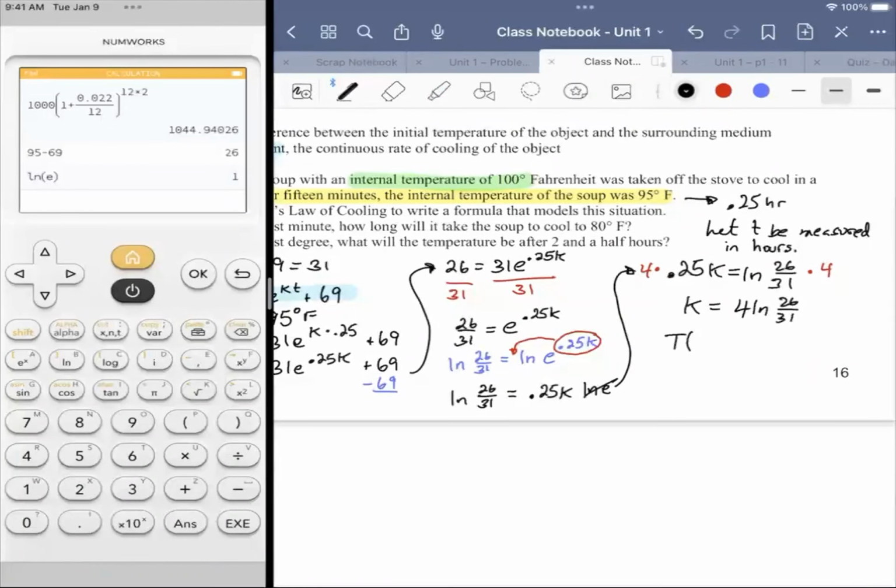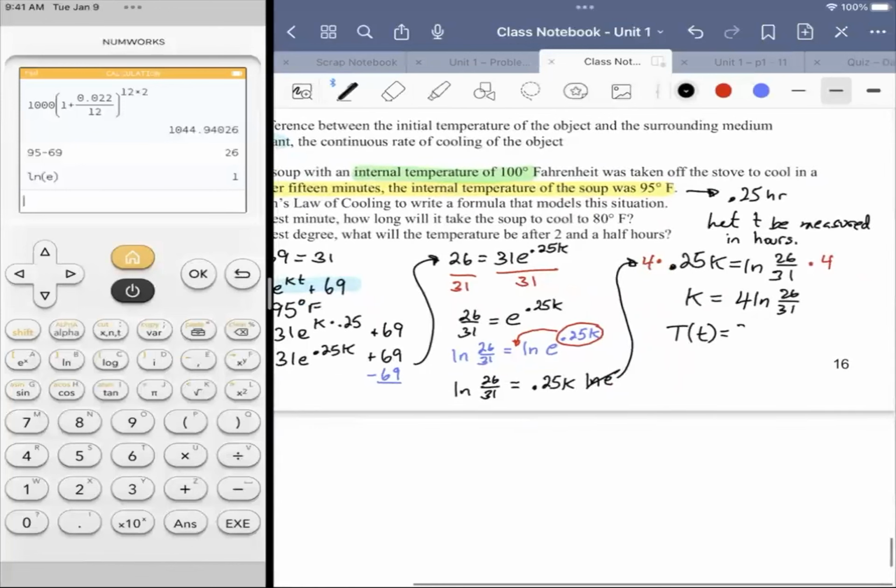So T of t is equal to 31 e to the K, so 4 ln 26 over 31 multiplied by t, plus 69.